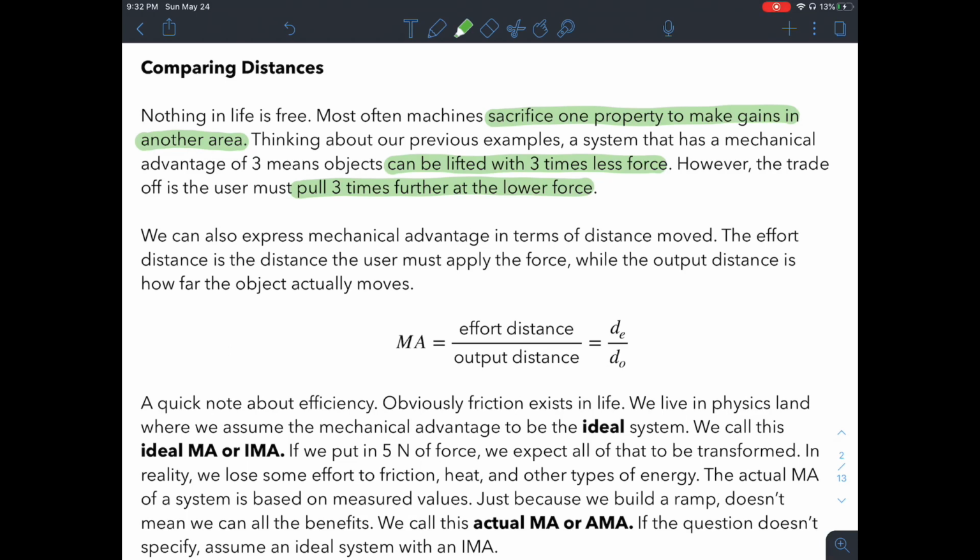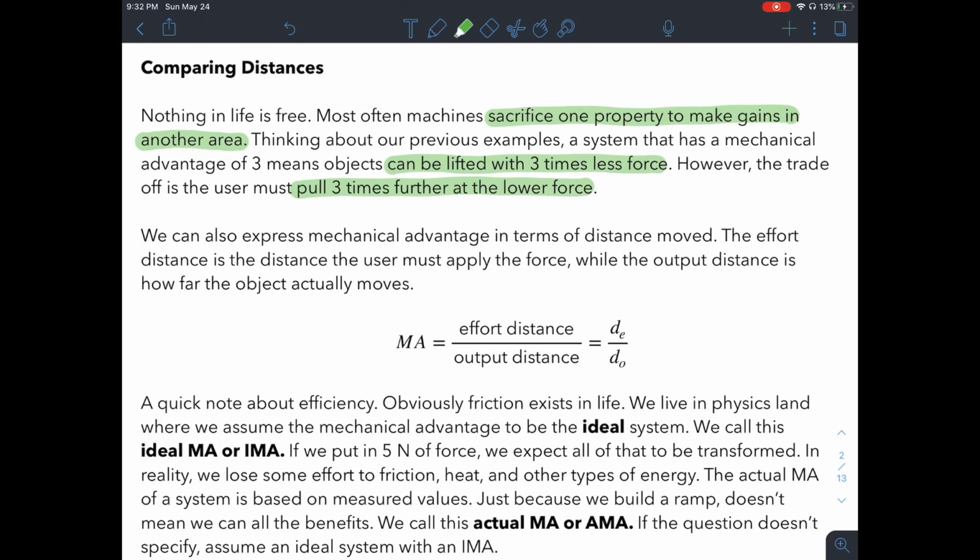We have to pull 3 meters at that 1,400 newtons in order to accomplish the same distance traveled. So nothing is free. It's just a trade-off. It's not the end of the world, because if we are decreasing the force to a really manageable level, then we could push that thing for a lot longer and we're not going to get tired because we're not straining ourselves.